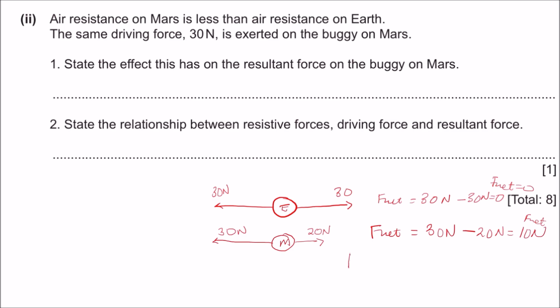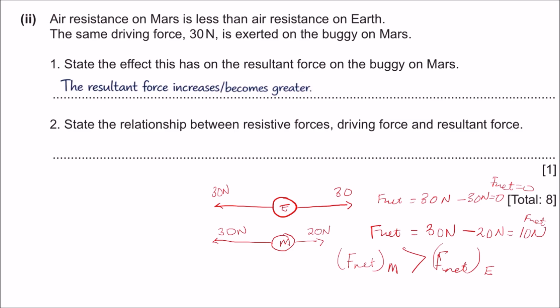So the net force on Mars is greater than the net force on Earth. In other words, we can say the effect causes the net force or the resultant force to increase. So the ideal answer was the resultant force increases or it becomes greater.